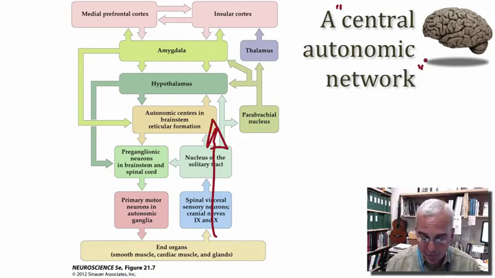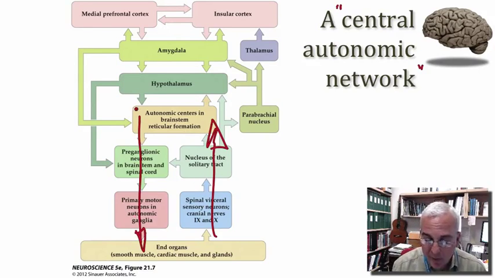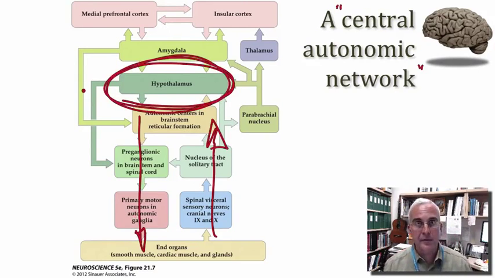And the outflow back down to our visceral motor end organs is coordinated in a large measure by this key structure in the ventral part of the diencephalon called the hypothalamus. So I think it will be well worth your time to just think with me for a few minutes about the hypothalamus, its structure, and then the myriad functions associated with the circuits that are localized to different structures that are part of the hypothalamus.